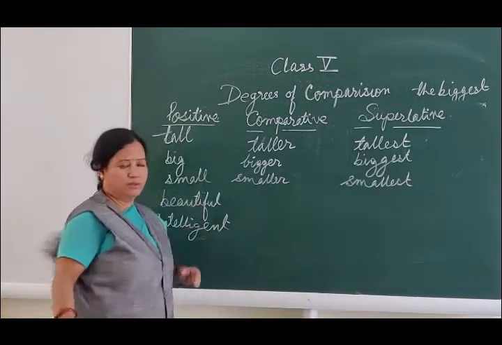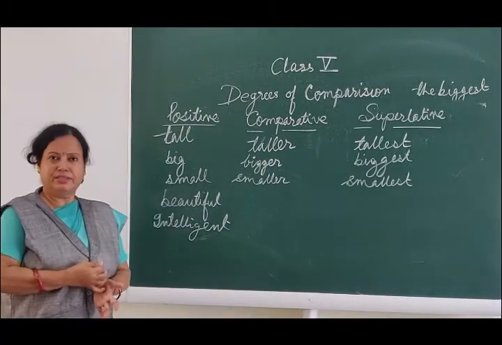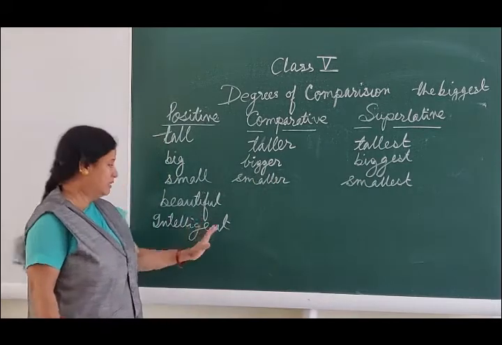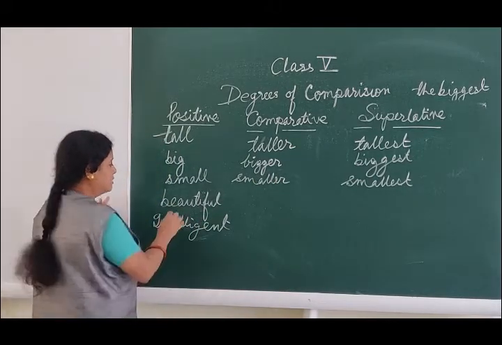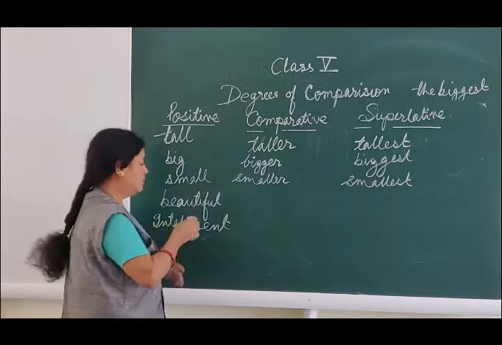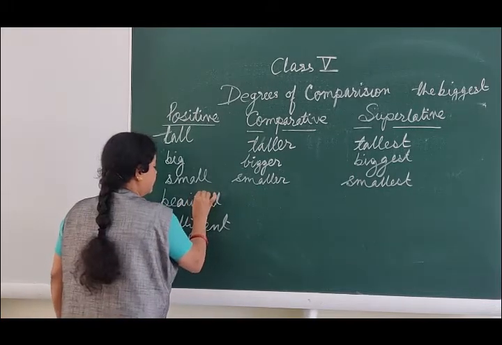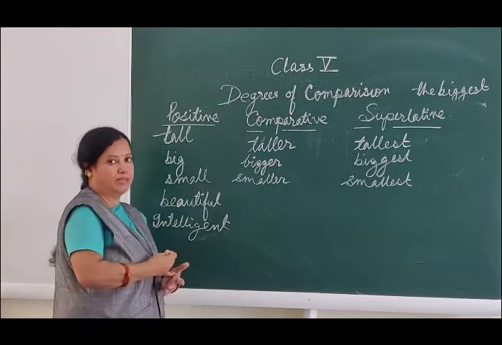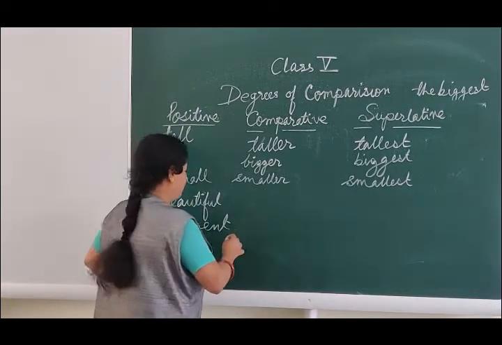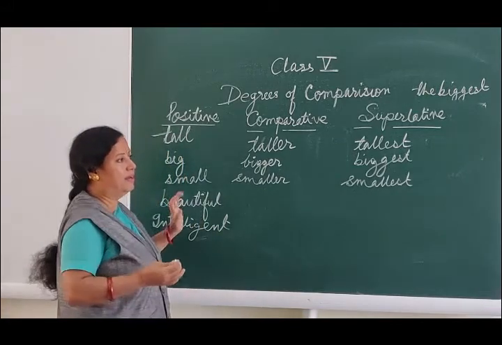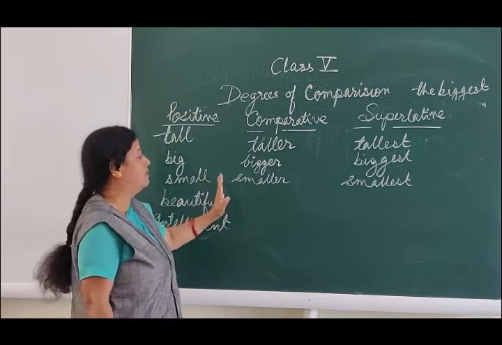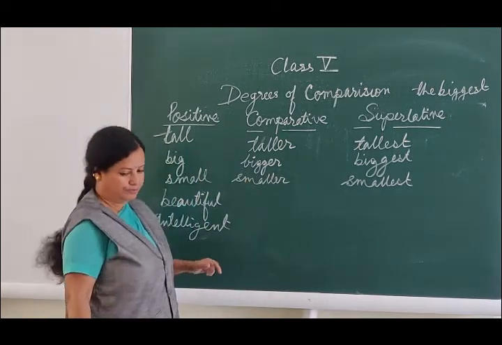Now beautiful. How we will change it into comparative and superlative? Here, as this word is so big that it is having more than 2 syllables. So what is syllable? I will tell you just now what is syllable. When we compare the word with more than 2 syllables, then we write more or most.